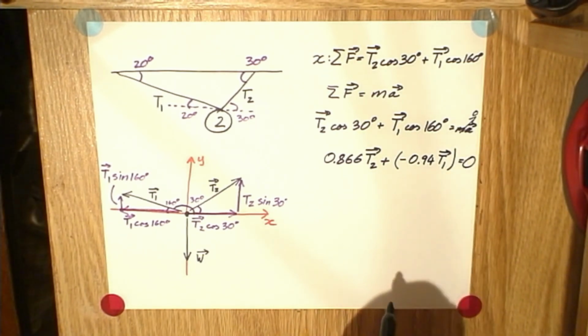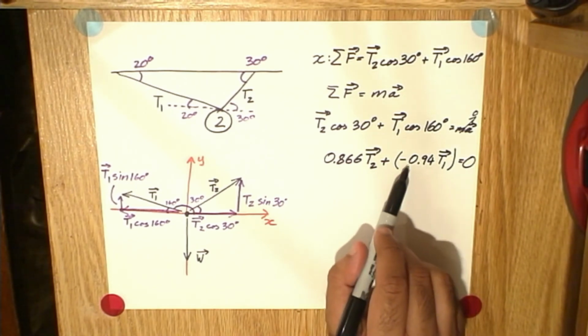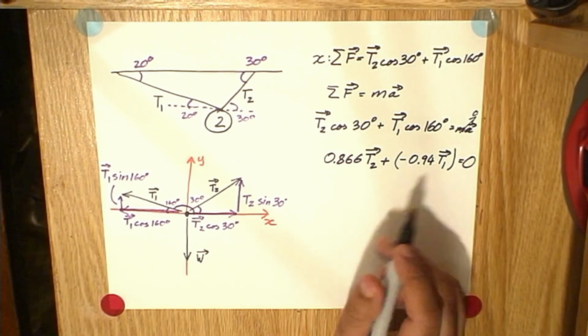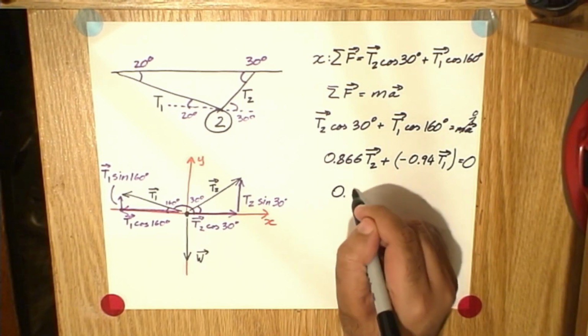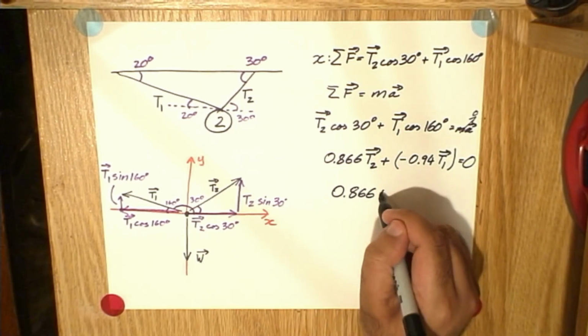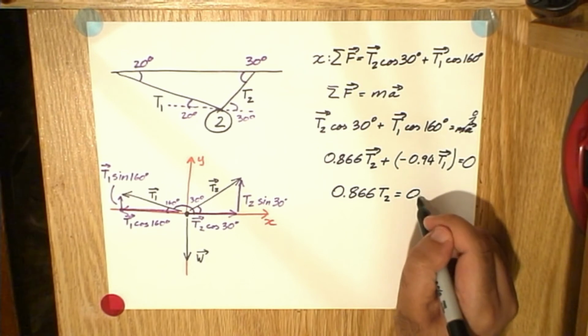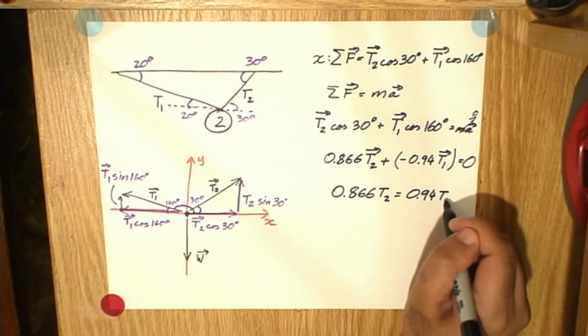That's equal to 0. Now, this negative term I'm going to move to the other side. 0.866 times T2 is equal to 0.94 times T1.